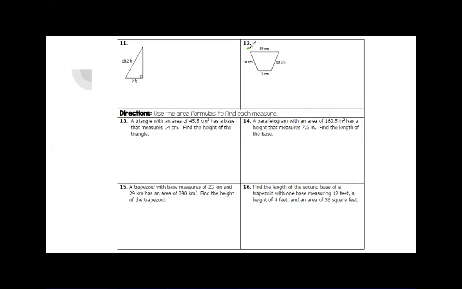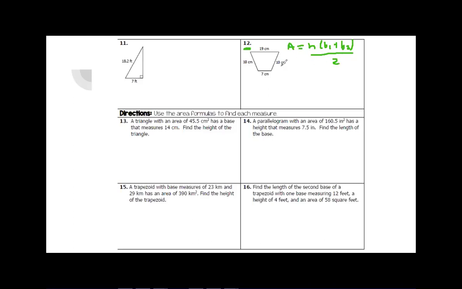Right here with number 12, this is going to be our last example with a picture. And we're going to do this with a trapezoid. So with trapezoids, okay, we have the height times the sum of the two bases, base 1 plus base 2. All of that is divided by 2.